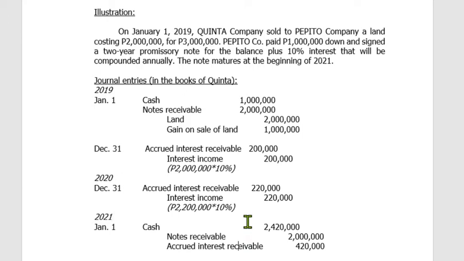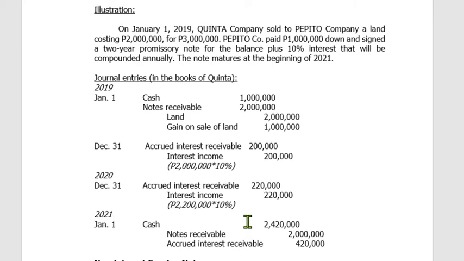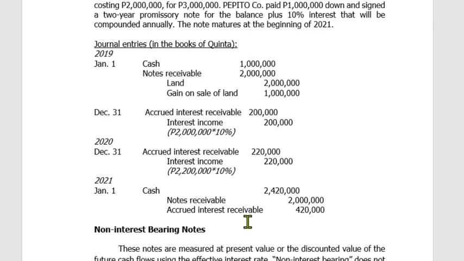So for January 1, 2021, which is the maturity of the note or the promissory note, you debit cash 2,420,000, credit notes receivable 2 million, and then credit accrued interest receivable 420,000. Bakit 2,420,000?